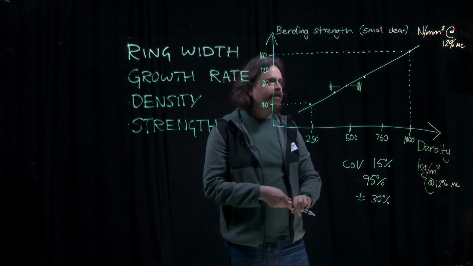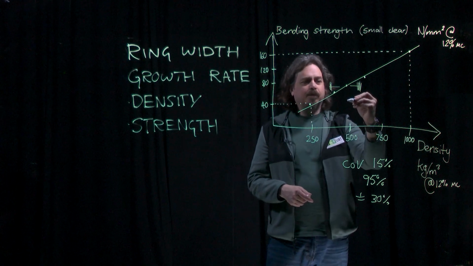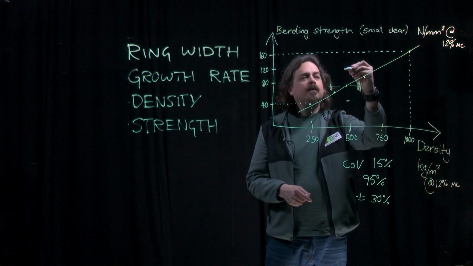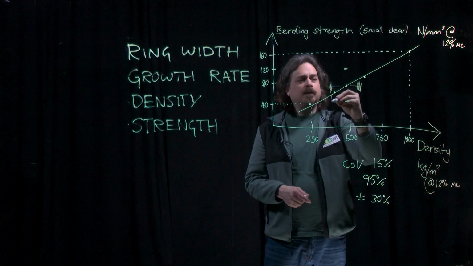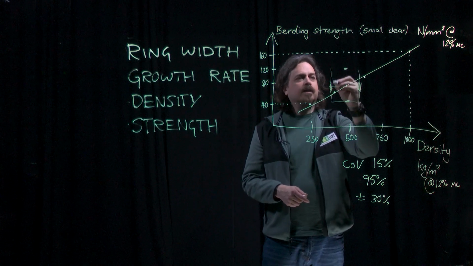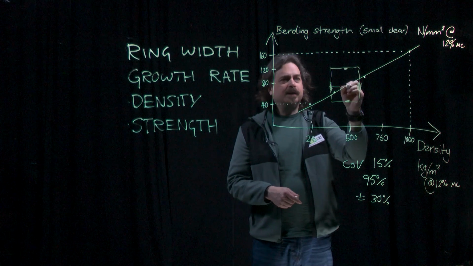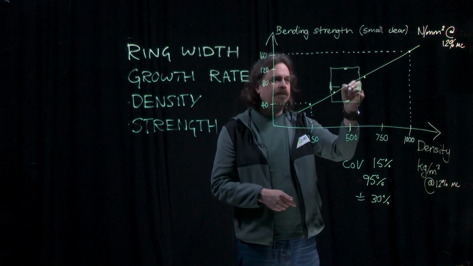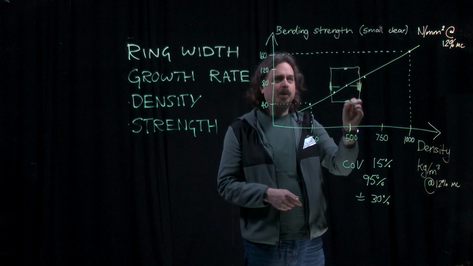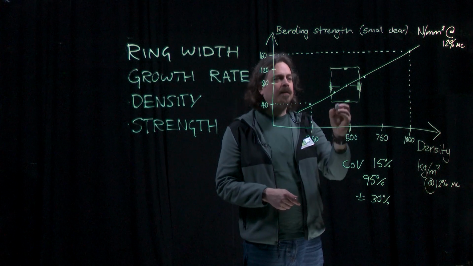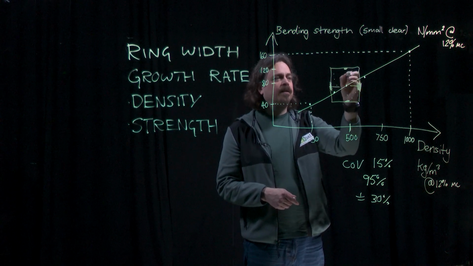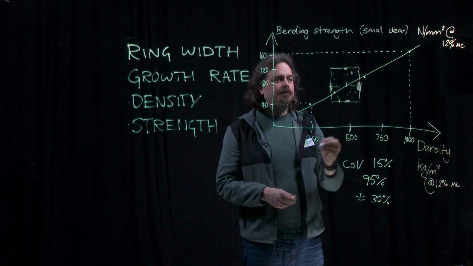So you would expect a similar variation of about a third for the strength values. So if you were to look at individual specimens within that tested population rather than just the mean, you will have many points within that rectangle.